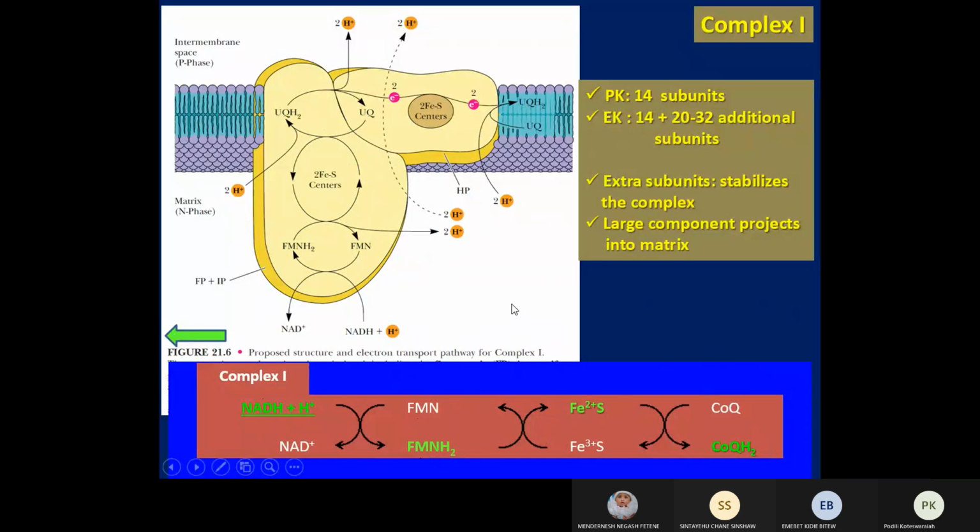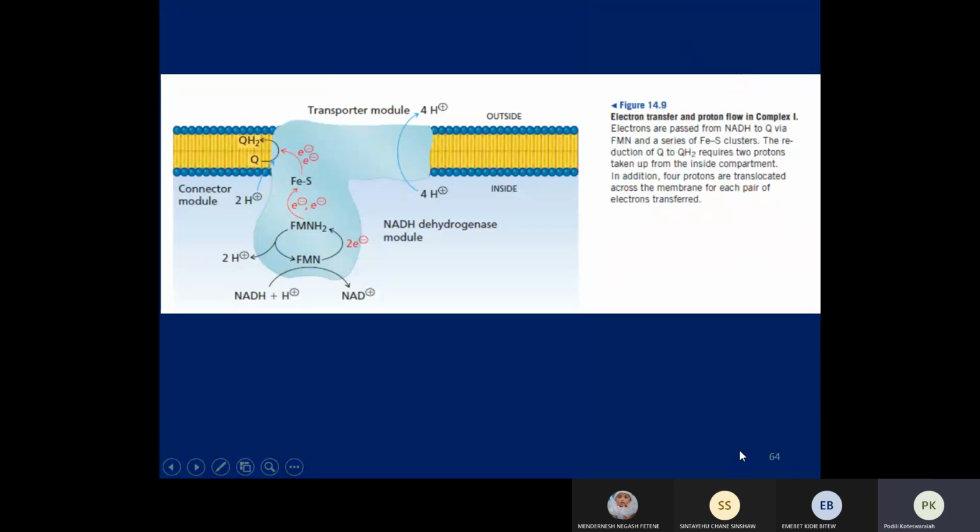So that means the electrons transferred from NADH reduce the ubiquinone to ubiquinol. And this is the simplest way. You can also see what process takes place here. When NADH is oxidized, the two electrons are transferred in the form of a hydride ion.